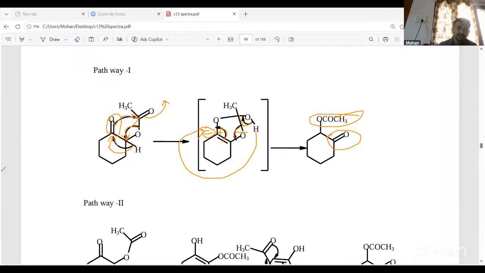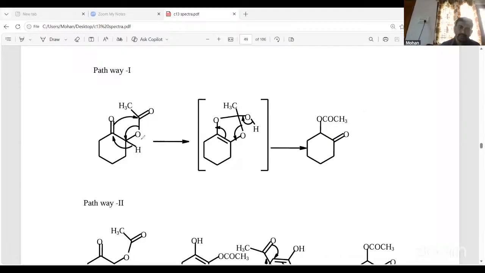So in this internal mechanism, it is going to form a ketone here, and the entire part is formed as an ester. So here is C1, this is C2, where C2 becomes the ketone carbon.